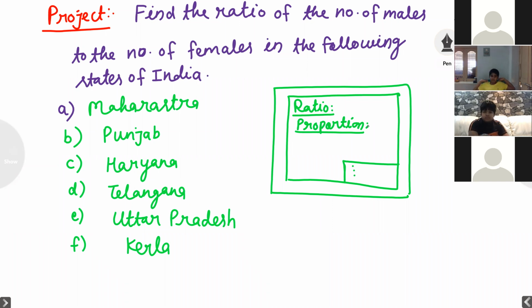First is Maharashtra. About Maharashtra, you keep an underline here. Number of males, number of females, male is to female is equal to. Understood everyone? I hope you are getting my point.